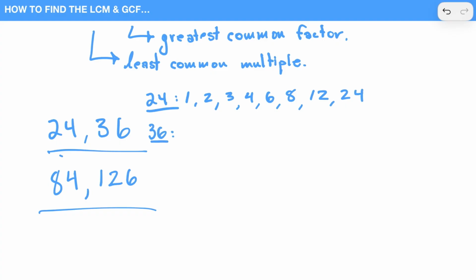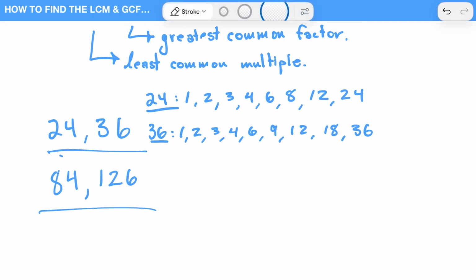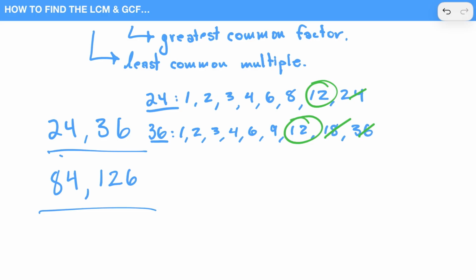Factors of 36 are 1, 2, 3, 4, 6, 9, 12, 18, and 36. But what is their greatest common factor? Well, 24 and 36 are not common, so it's not going to be this. 18 is not in that list, but 12 is in both lists. So 12 is the greatest common factor of 24 and 36.